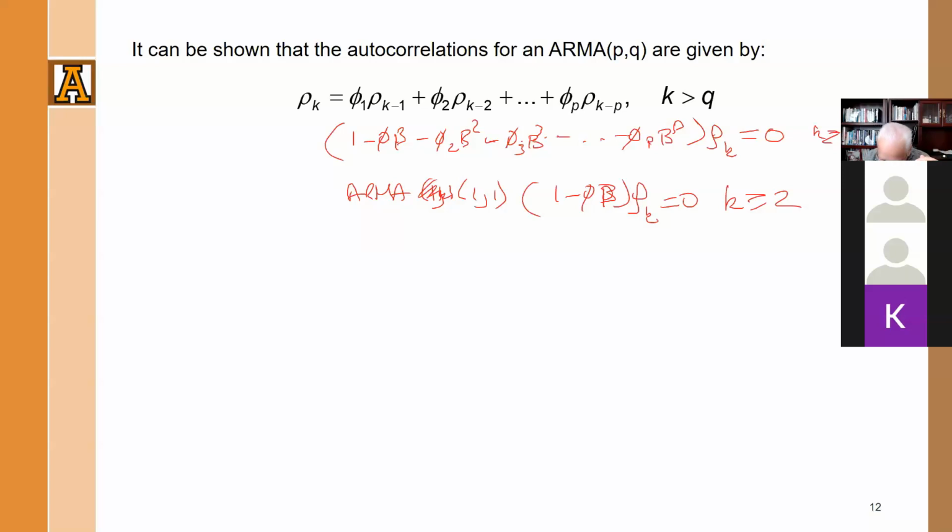That is the same as saying, to put it in the same terms, k greater than 1, which is what this expression says here.